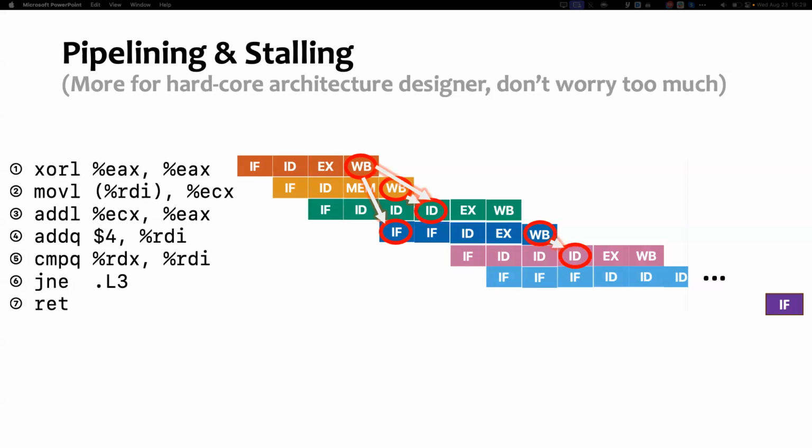The read, or the one that is needing the data, doesn't happen until the cycle after we write the data. And because of this nice staggering of the writes and reads, we don't have any hazards. Everything will be ready by the time we eventually read it.